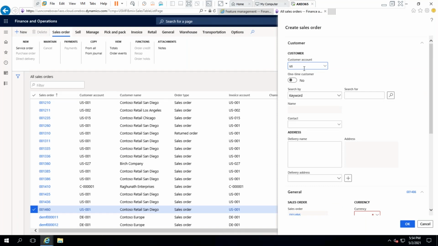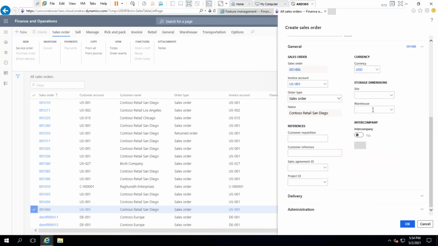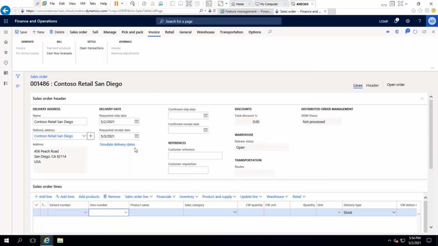Select the customer. Any customer is fine. No issues. Click OK. I will show you first the error message and then I will show you the solution.